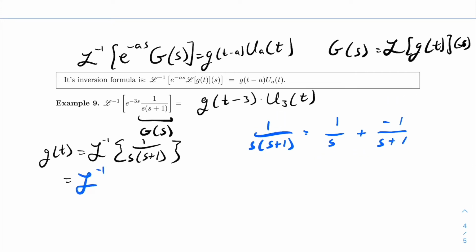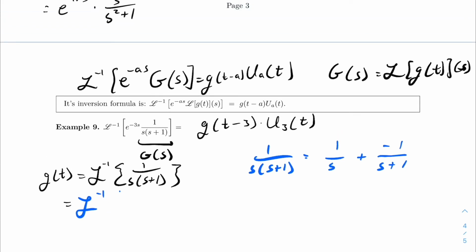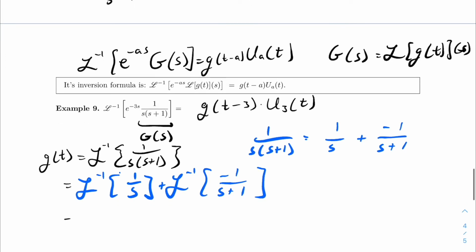So this is L inverse of 1 over s plus L inverse of negative 1 over s plus 1. And this is t minus e to the negative t, if I apply those formulas correctly.